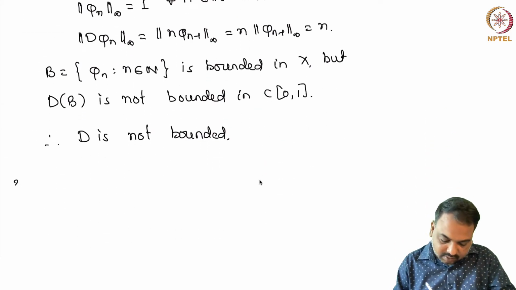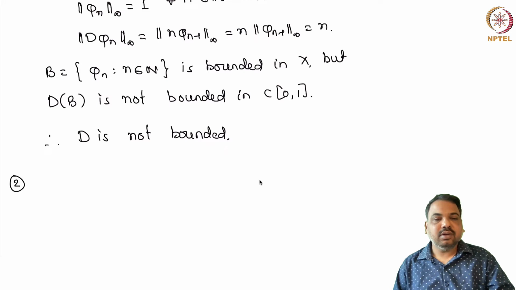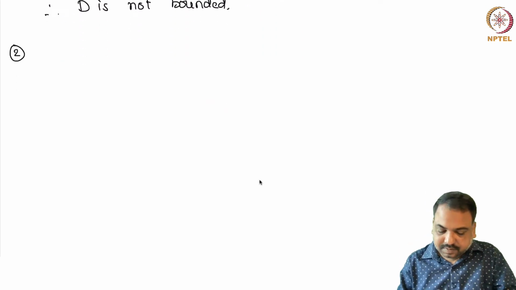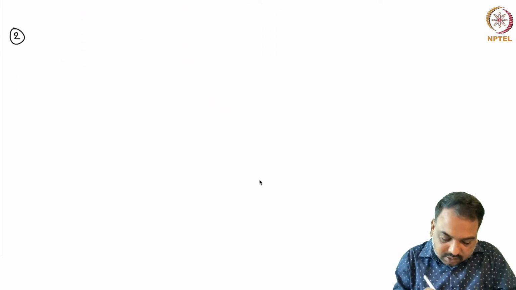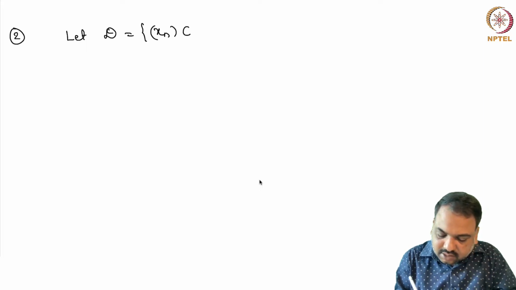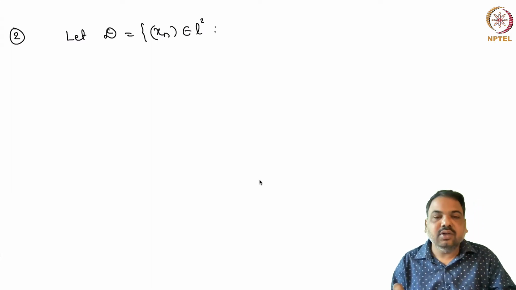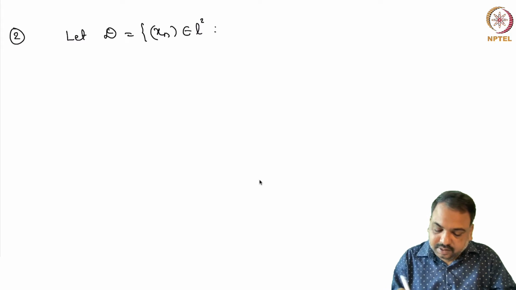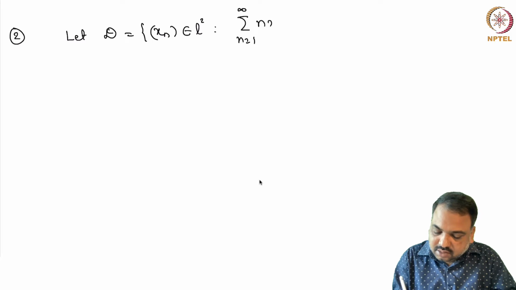Let us look at one more example on Hilbert space. Let us take a set D as the set of all sequences in L2, complex sequences, L2 meaning L2 of natural numbers, such that the summation n equal to 1 to infinity of n times |x_n| squared is finite.